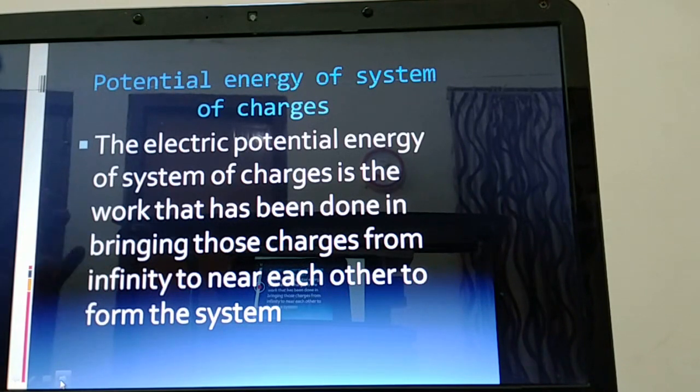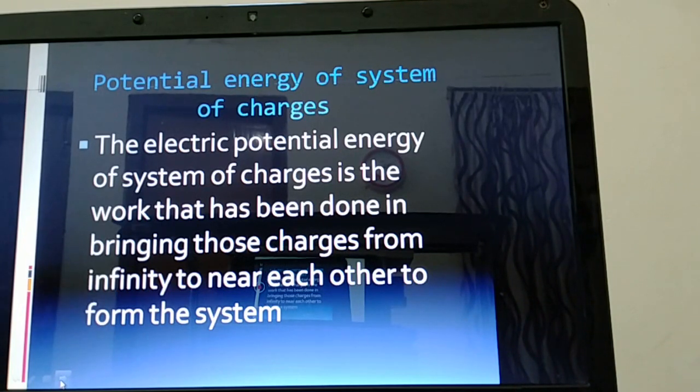Suppose you have a system of two charges, and you have to bring those two charges from infinity to form that system. Initially, those two charges are at infinity, and you bring the charges one by one to a space and assemble that system. For assembling that system, you have to bring these two charges from infinity to their respective points. For that, you have to do work.